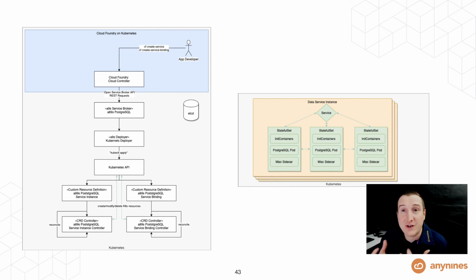Or could you run your service broker in Kubernetes and rely on its etcd for persistency? So the design of a service broker will change, the way you express and implement your service instances and bindings will change using Kubernetes resources. But the tools are there, all you have to do is assemble them.